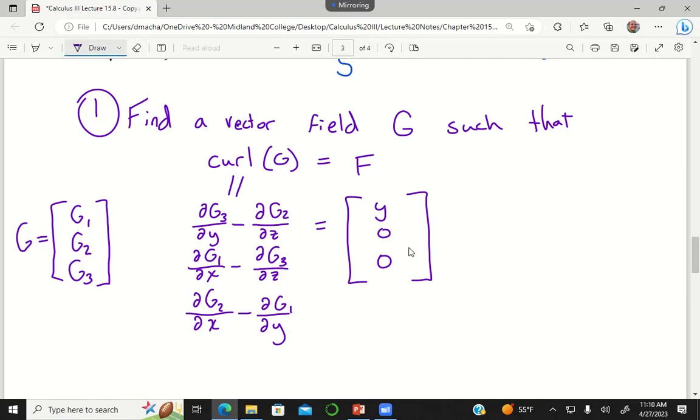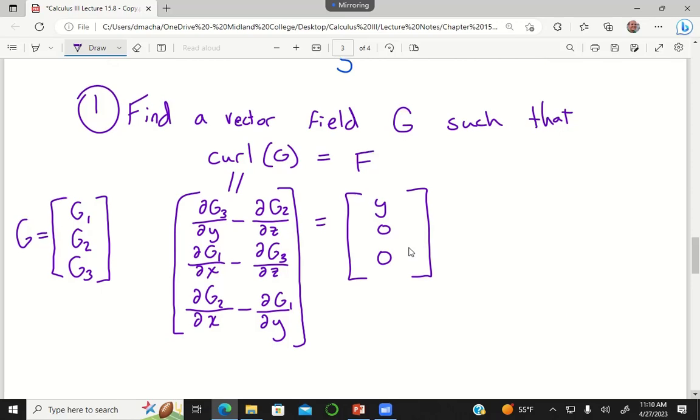I'm almost certain I made a mistake. Isn't it G3 partial y minus G2 partial z on the first one? Let's check my work.